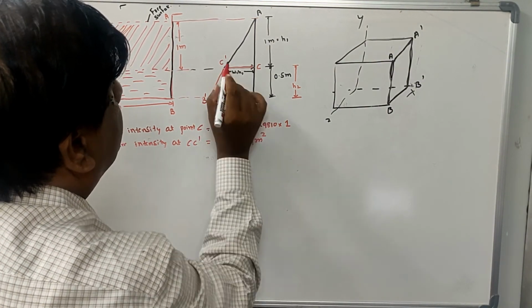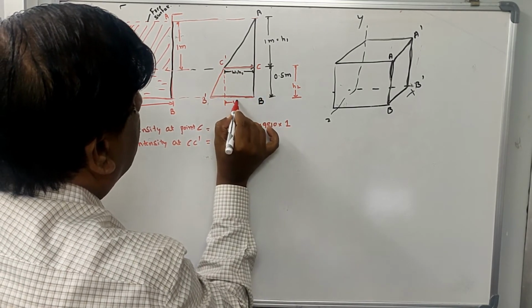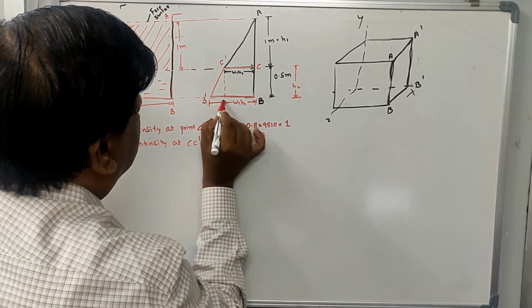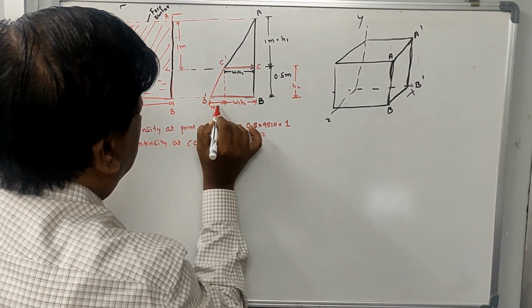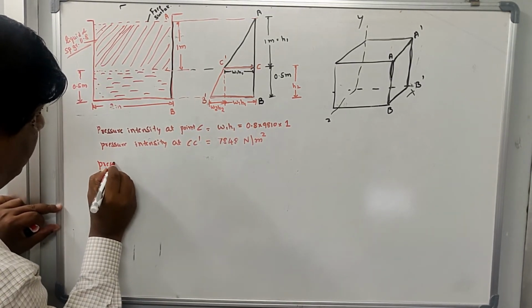Sorry, this is W1 H1, this is W2 H2. So next is pressure intensity.